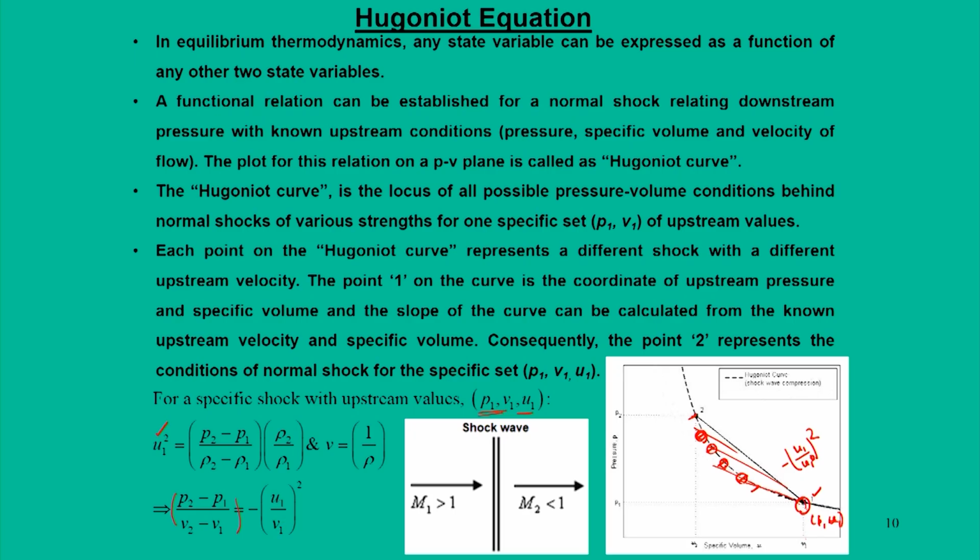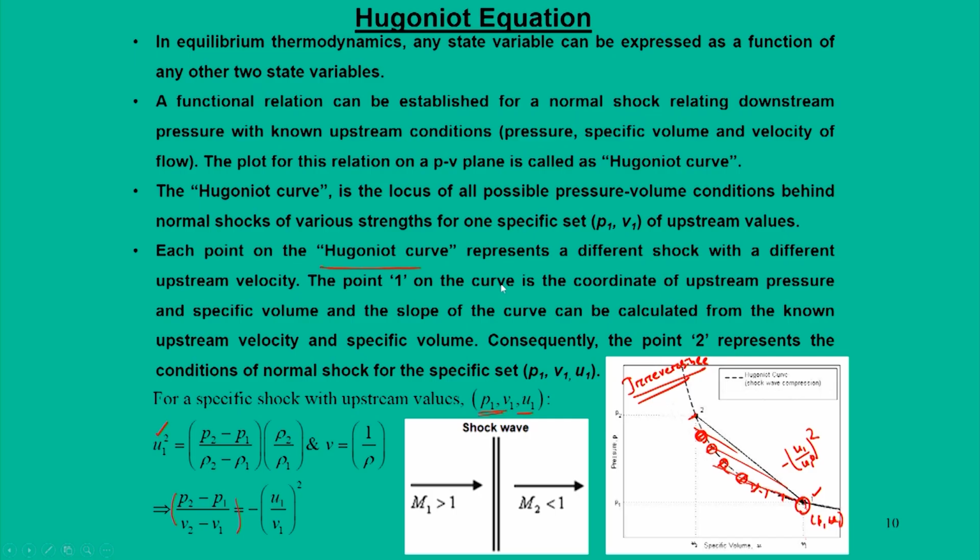Of course, these points are discrete points, because this is not an isentropic flow; the shock process across a normal shock is non-isentropic. If you put these discrete points, we can make a dotted line, and this dotted line represents an irreversible process. Such a curve we call the Hugoniot curve.